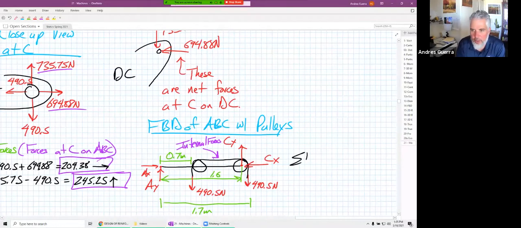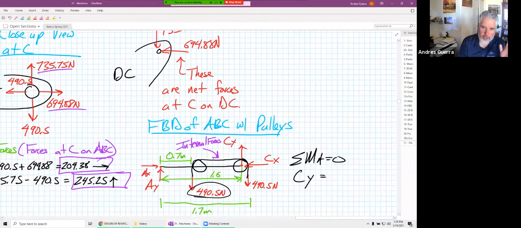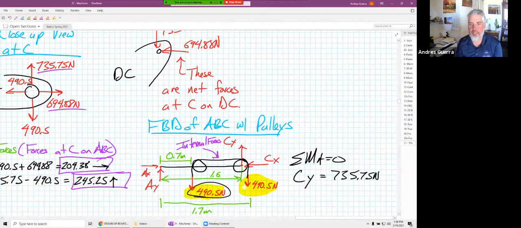We would sum moments about A equal to 0, and we would find exactly the same thing, because this 490.5 is 0.1 meters shorter. So this one right here is 0.1 meters closer to A, but then this one over here is 0.1 meter further from A. So our CY is still going to end up 735.75 newtons. We get exactly the same thing.